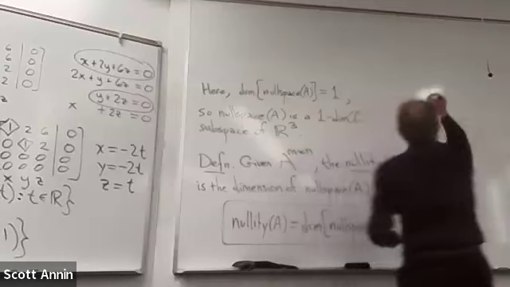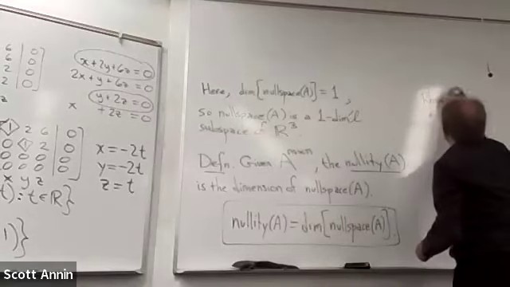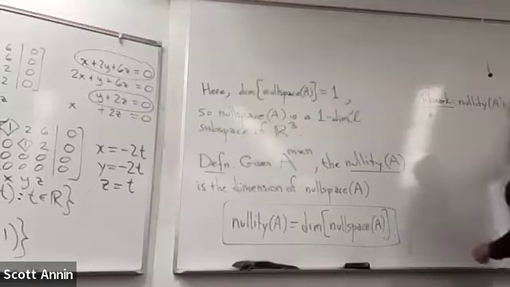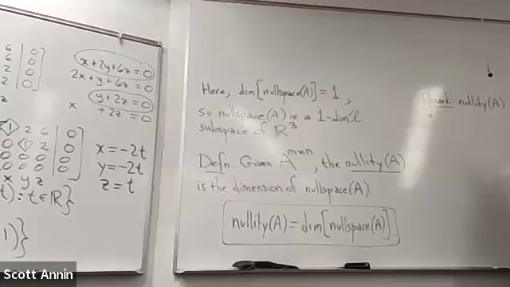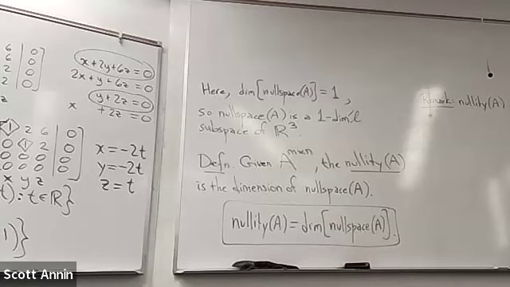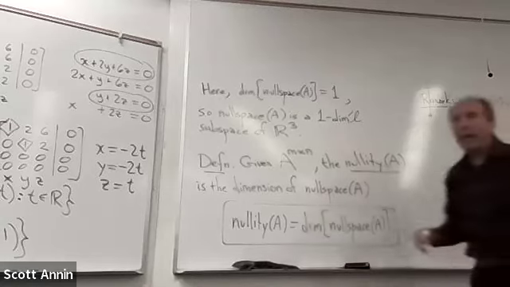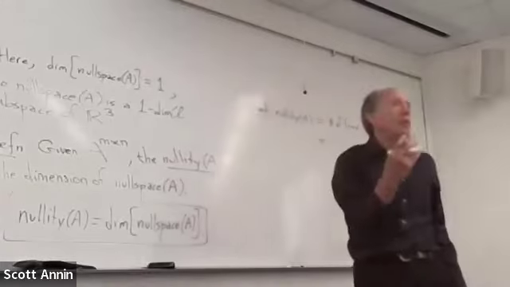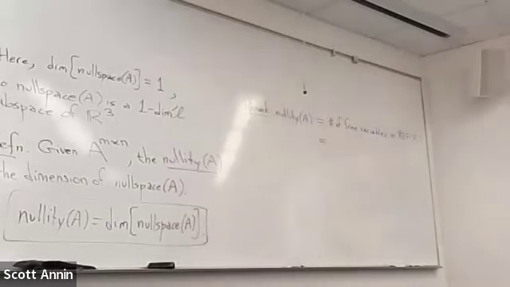So maybe we could make this as a remark. The nullity of A is equal to the number of free variables in the row echelon form of A. But remember, guys, every variable is either free or leading.